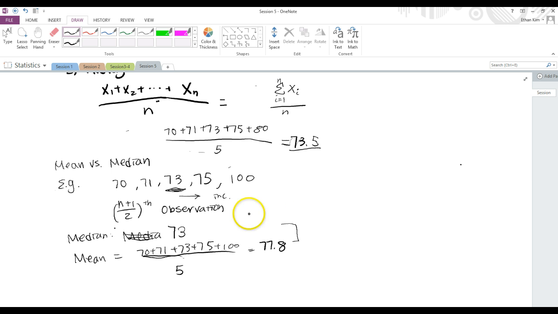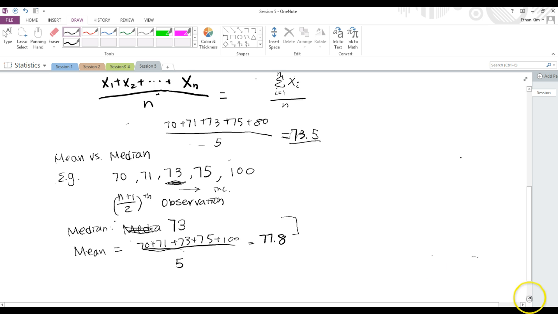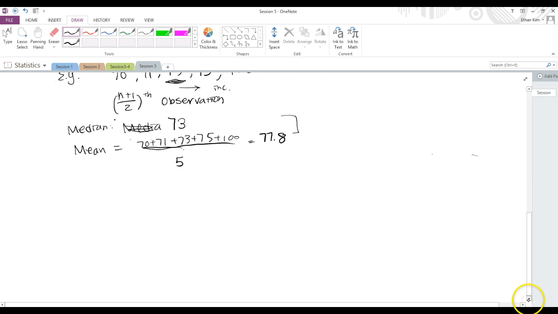When comparing median and mean, we have to be aware that the mean takes into account what we call an outlier.